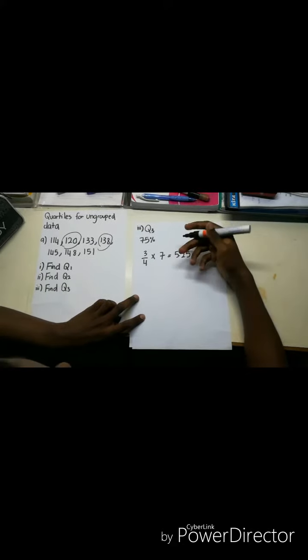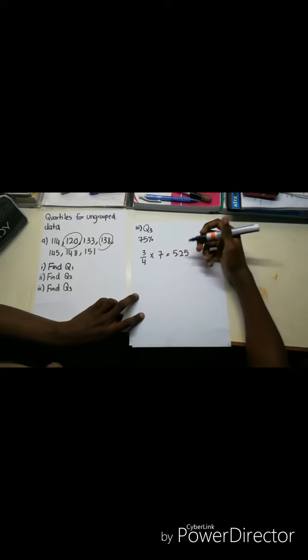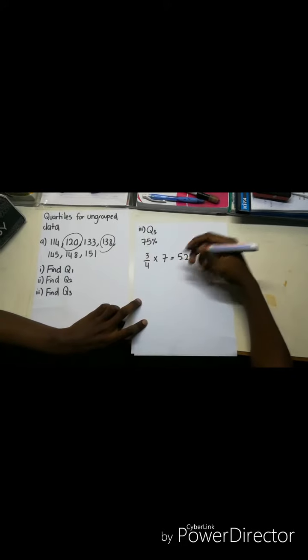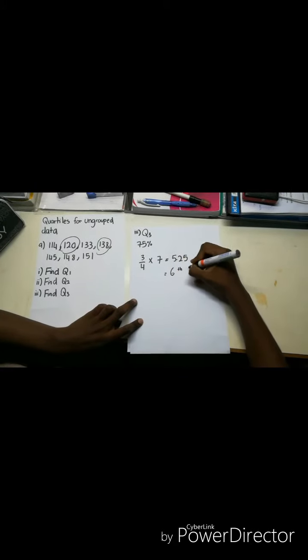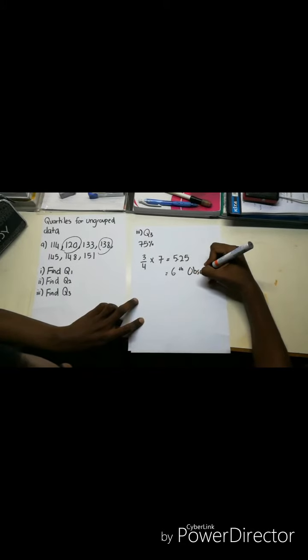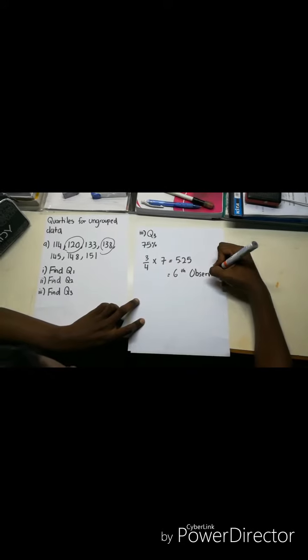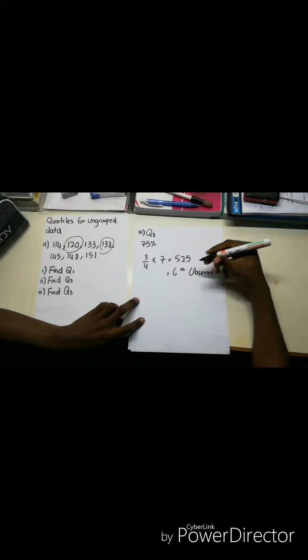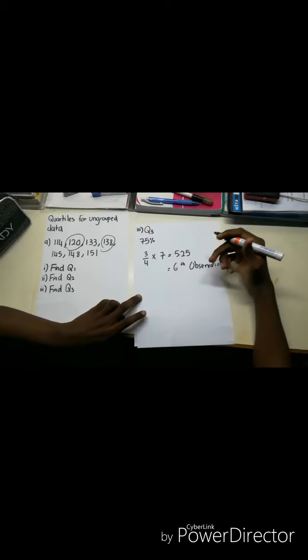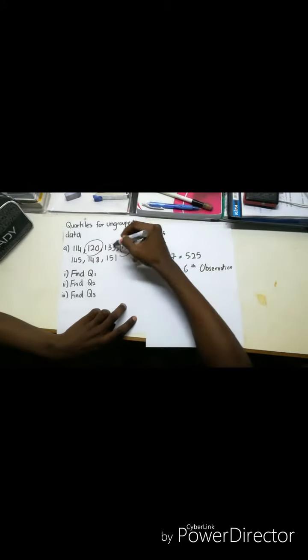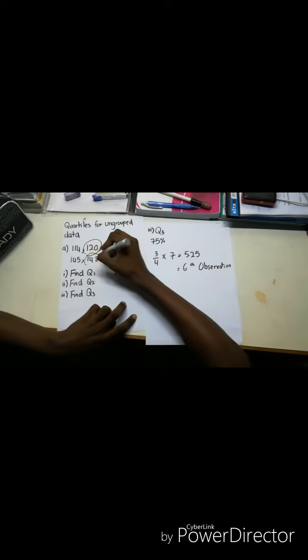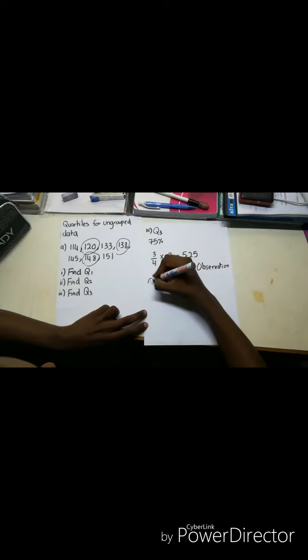This is also a non-integer number, so we take the following integer number, which is the 6th observation. So the sixth observation will be the third quartile. The 6th is 1, 2, 3, 4, 5, 6. 148 is our third quartile.